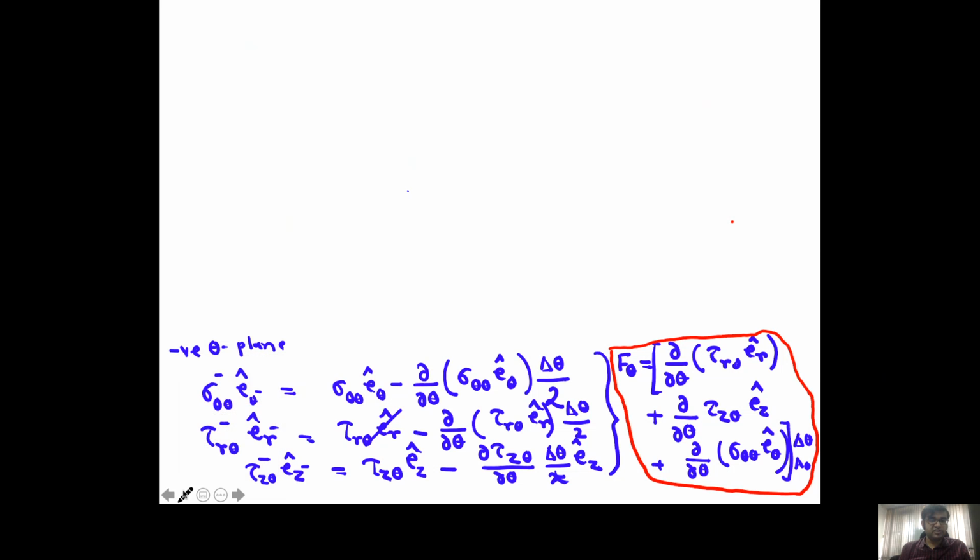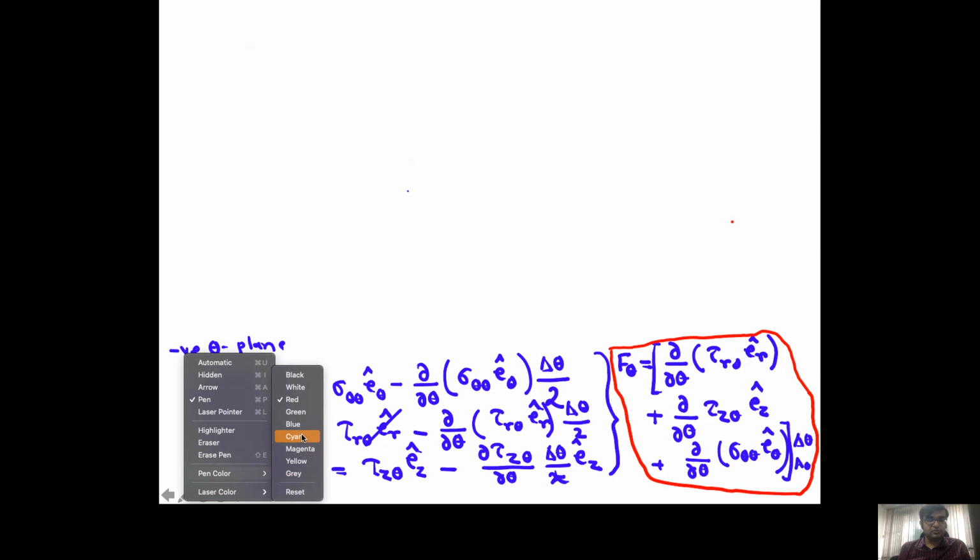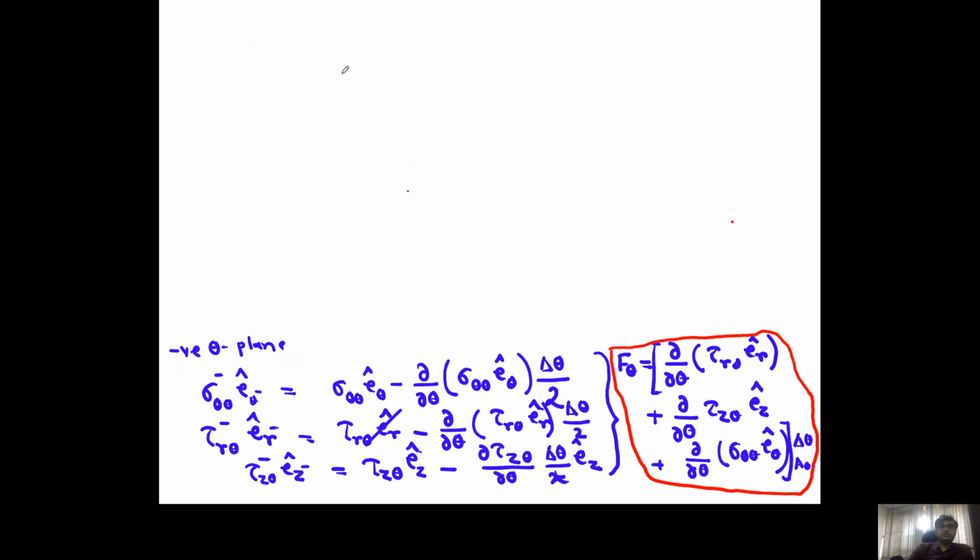I'm going to change the color once again to say green. Okay. So now, if you have this derivative, when you take it, you are going to use the product rule, and you will get a term where you have to find the derivative of ER with respect to theta.